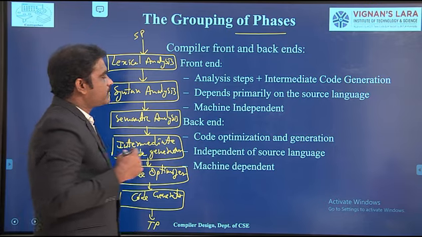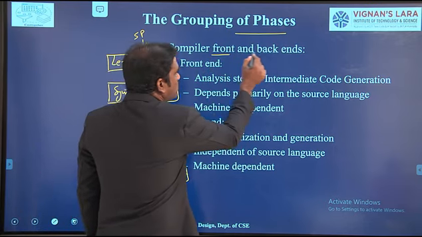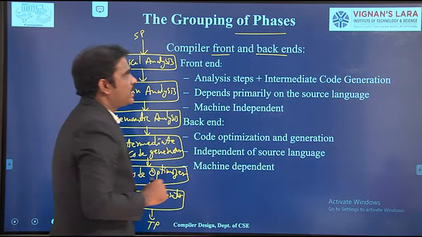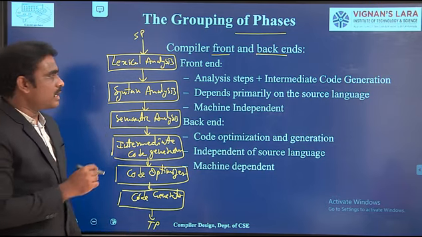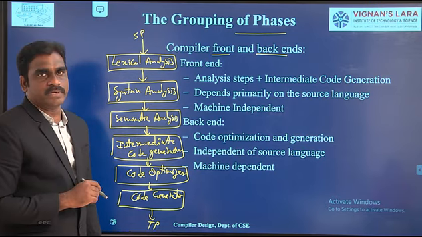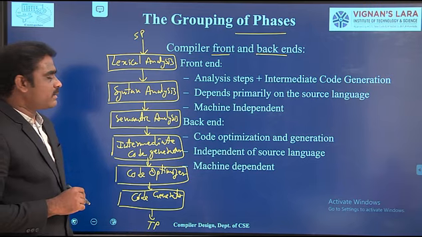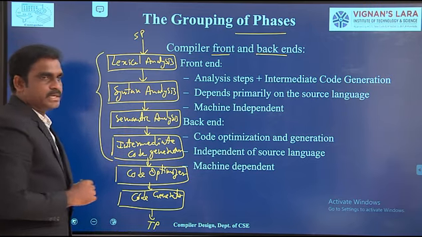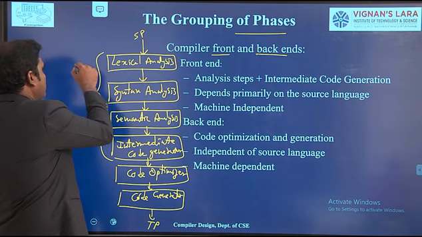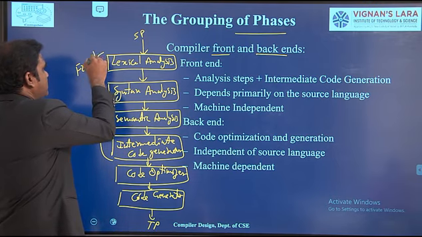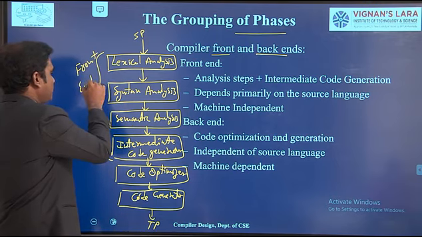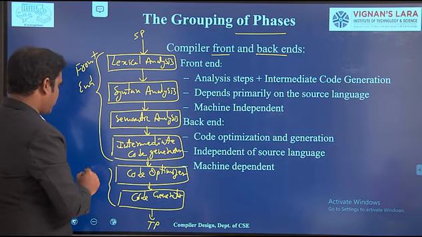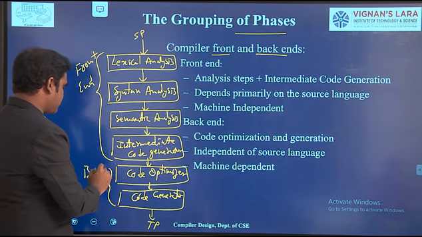So in this process we have 2 parts: one is the front end and the second one is the back end. Front end means the first 4 pages come under the front end. The remaining last 2 pages come under the back end.